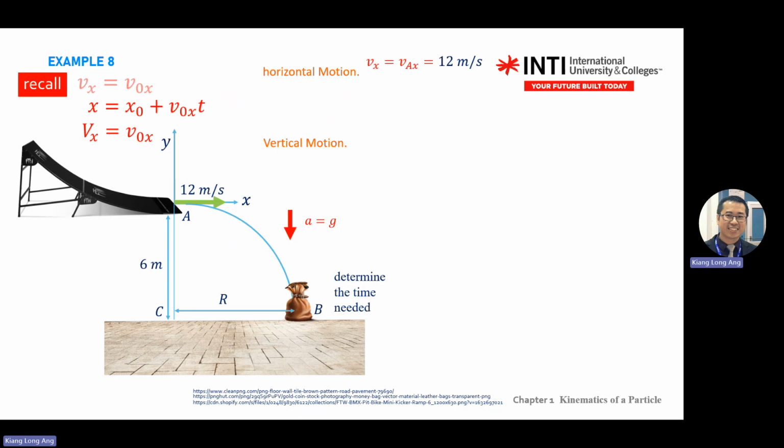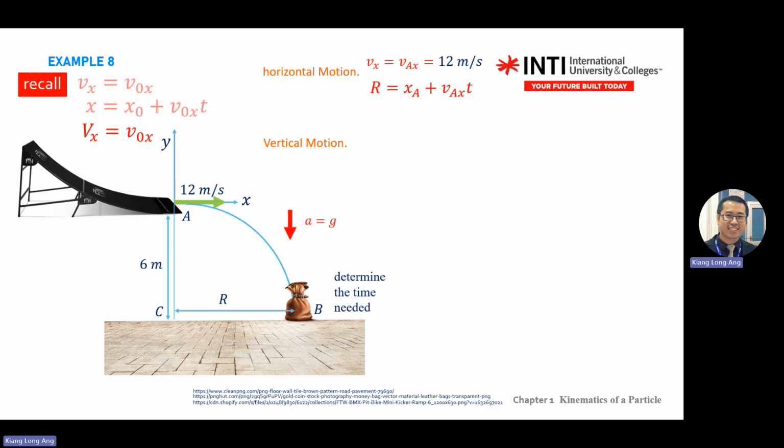Then you look at the second equation. This is the x direction, so this is the final location, but look at the x direction only. The difference between B and C on the screen here is your R. Of course, you don't need to label R if you don't want to.